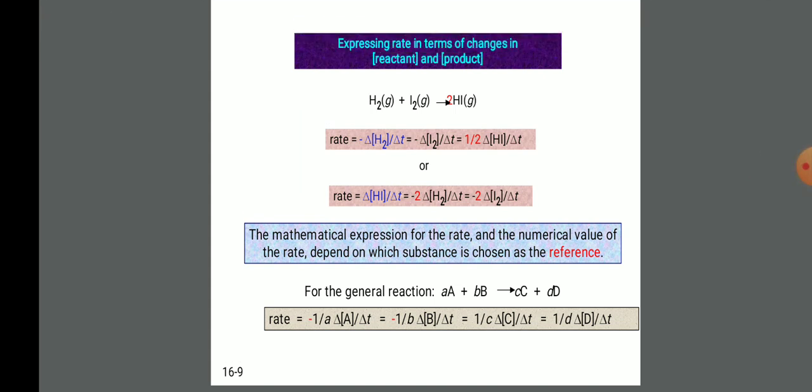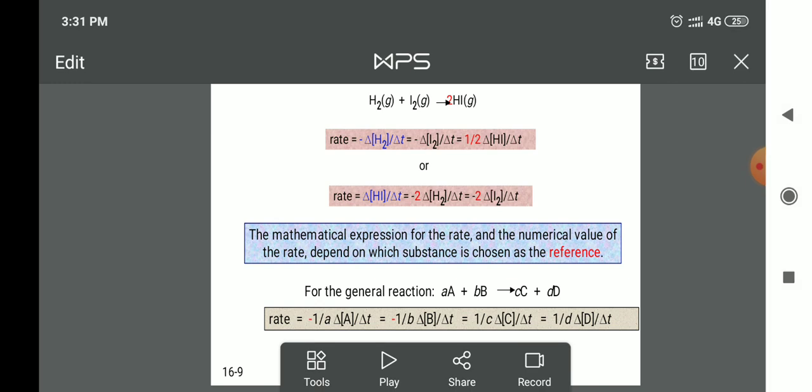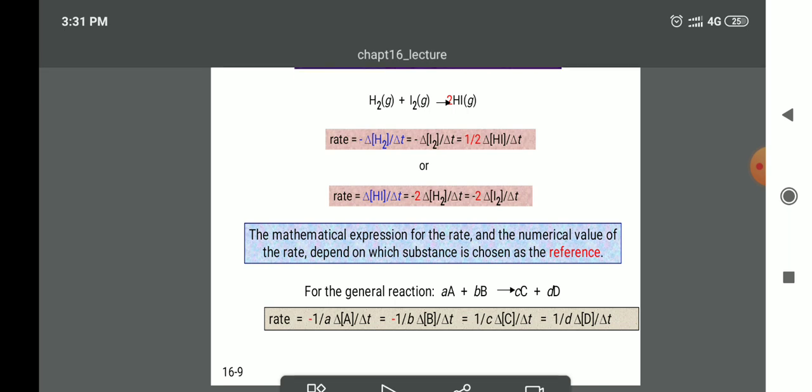For the general reaction, small a capital A plus small b capital B to small c capital C plus small d capital D, the rate of reaction is minus 1 by a, delta A upon delta T, equal to minus 1 by b, delta of concentration of B divided by delta T, equal to 1 by c, delta of concentration of C divided by delta T, equal to 1 upon d, delta of the concentration of D divided by delta T. This is the general reaction and the rate of reaction, from the reactant concentration and the product concentration.